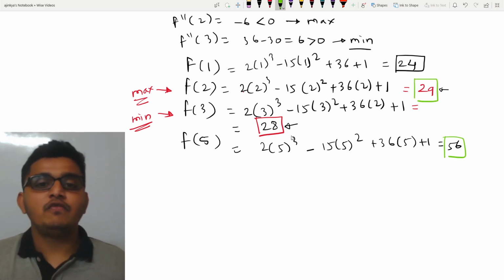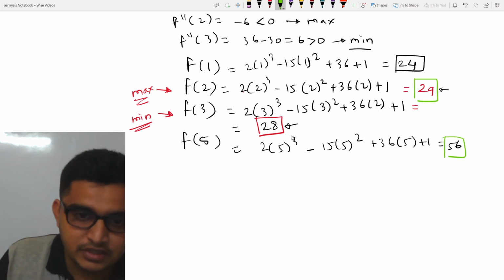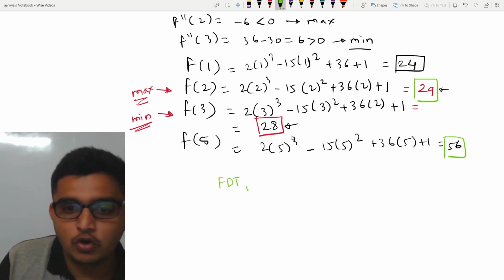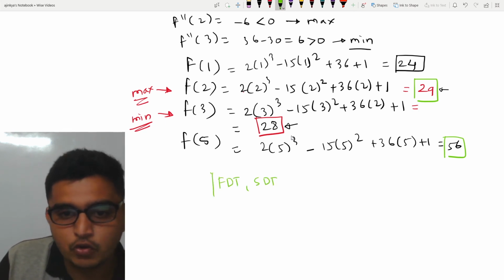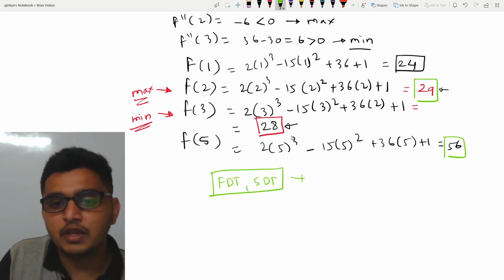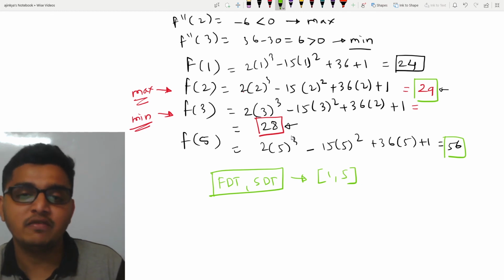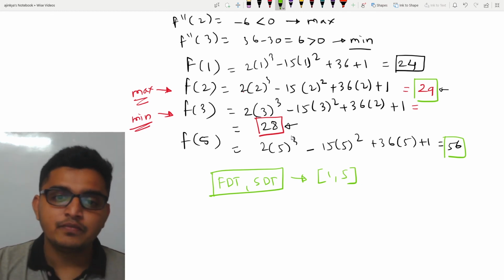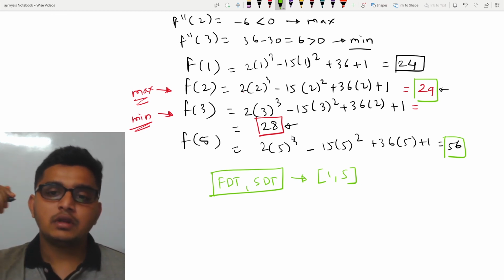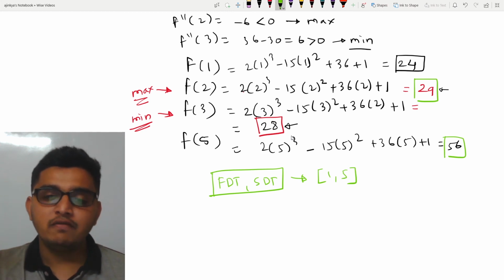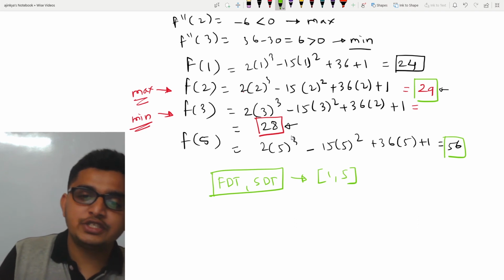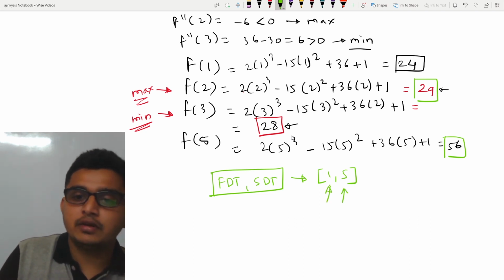So if we go by just the standard methods of the first derivative test or second derivative test, you are sometimes going to fall into a trap if intervals are given. For this example, it was given 1 and 5. So we can say that when you are given any interval of that domain, you should always check the particular limit values.